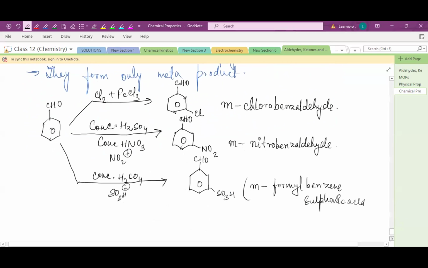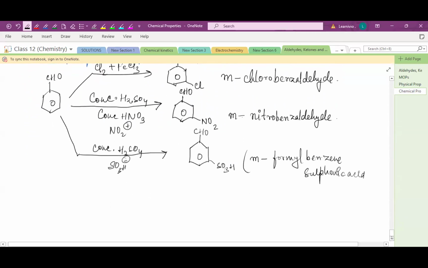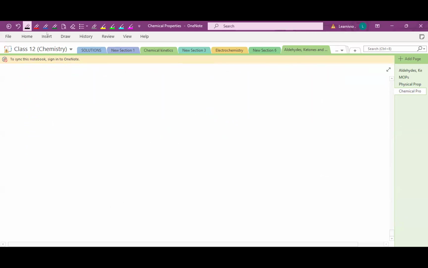Okay, so we have already discussed the aldehyde topic. Now let's take the example of a ketone, an aromatic ketone. Suppose we take acetophenone. So what is this? This is your acetophenone. Just do the same thing. First do the chlorination with Cl2 and FeCl3.